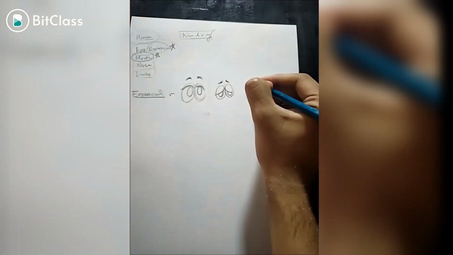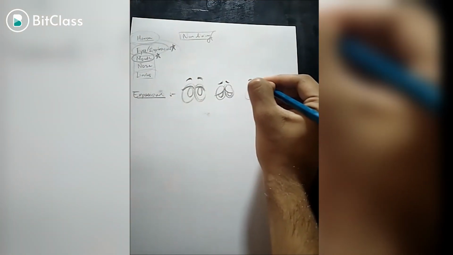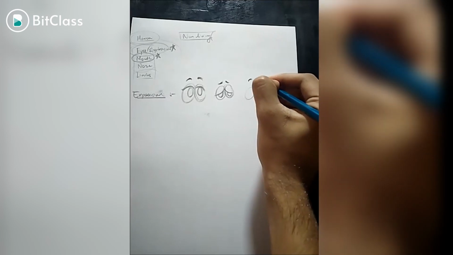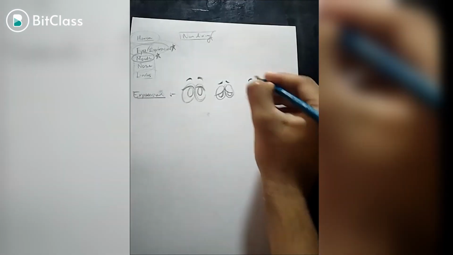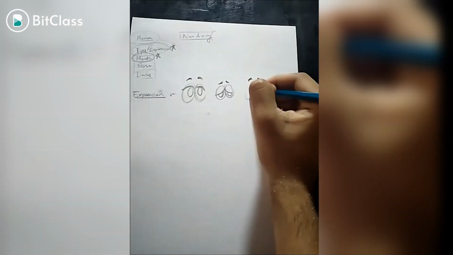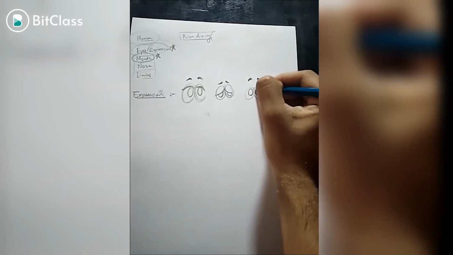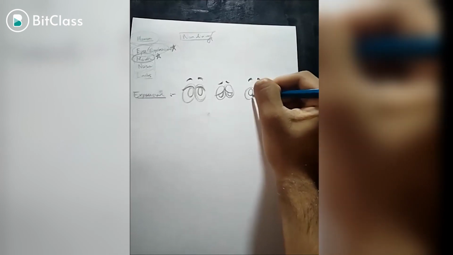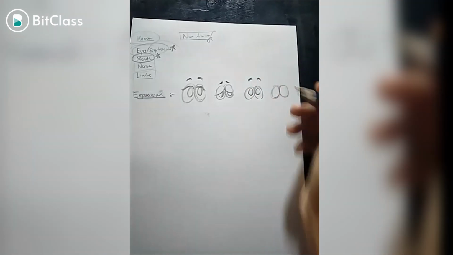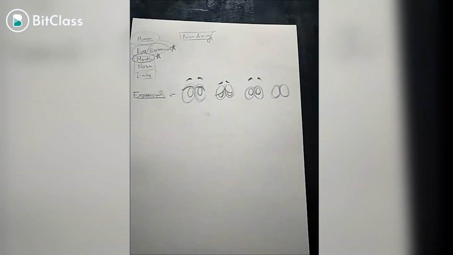What if you want to show excitement, showing eyebrows going even more up? Surprised form. You can show the eyes even a little bigger for that matter.